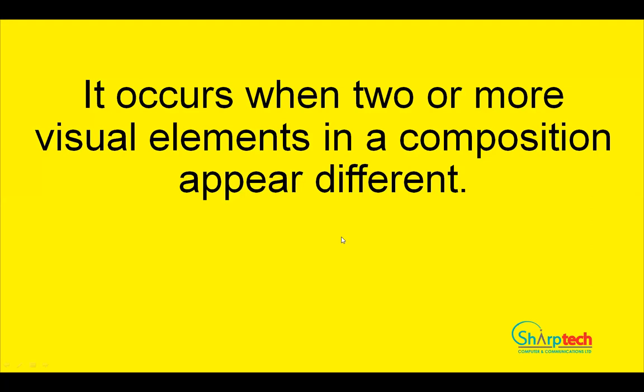So we are told that contrast occurs when two or more visual elements in a composition appear different. So for you to have contrast incorporated in your design, you must have two or more visual elements. I guess you understand the visual elements we are talking about: line, color, space, shape, form.